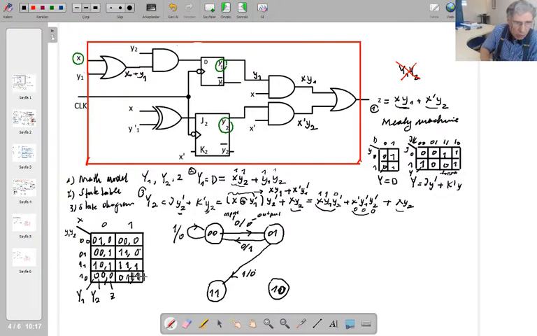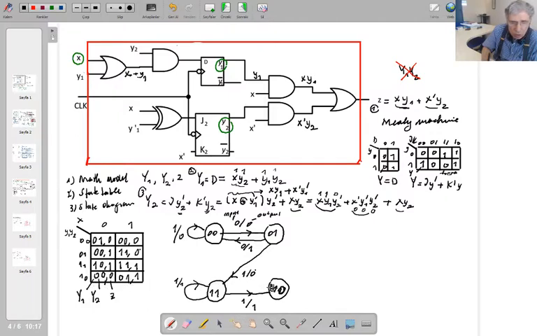Let's come to the 1, 1 state. 1, 1 state goes to 1, 0 state if your input is 0. Your output is 1, isn't it? If your present state is 1, 1 and you apply 1, your next state is the same as the present state, so it comes back to itself. Input 1, output 1.